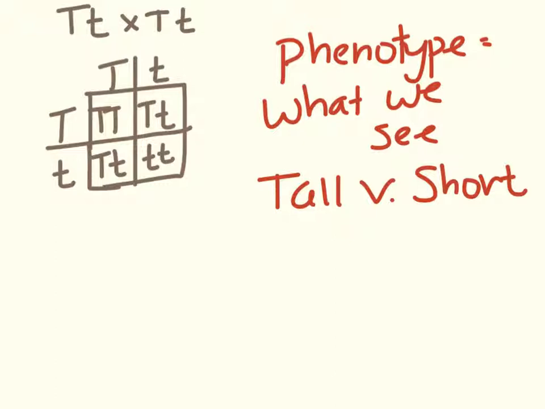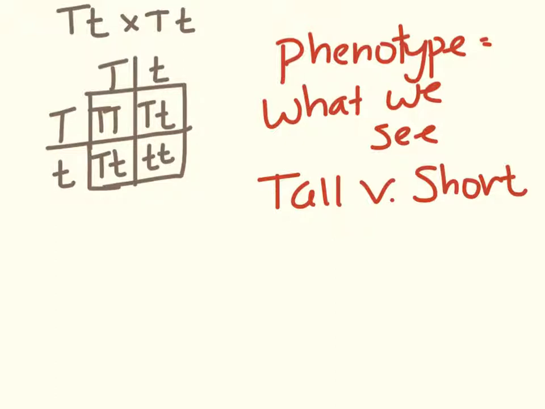So when we're looking at this particular cross, we still have the parents with capital T, lowercase t, and we're looking at the potential offspring. The first thing we're going to look at is the phenotype. The phenotype is the actual physical characteristic, or what we see, or what is actually being displayed of that particular offspring.